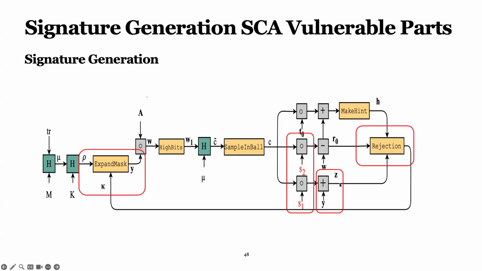So think about it: Z equals C multiplied by the secret key, plus Y. I know Z, which is the signature and a public value, and C is also a public value. If I also extract Y, the only thing left is S1. So if I don't protect Y, I can extract S1. That's why I should also protect Y. I should protect every operation that includes secret keys.